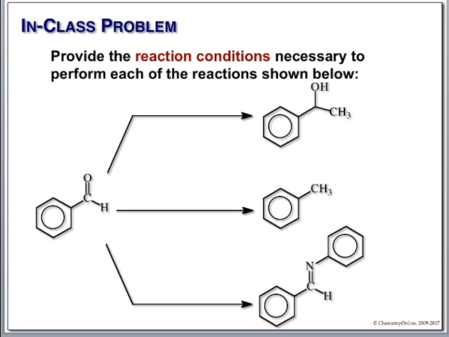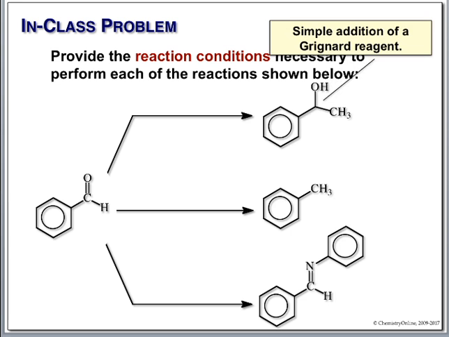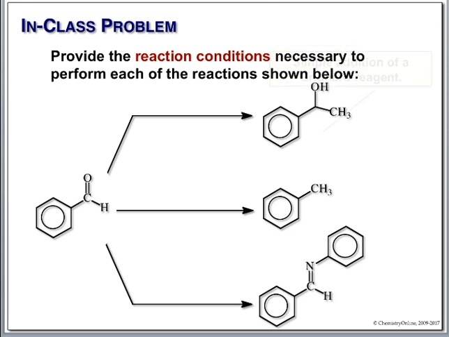Oh, wait a minute, I'm sorry. Let's start over again. We have a methyl group here now, don't we? So this is a Grignard addition. I'm sorry. I missed it. So we're going to add a methyl Grignard to benzaldehyde to make our secondary alcohol. Our Grignard is simply methyl magnesium bromide, followed by workup with dilute acid.